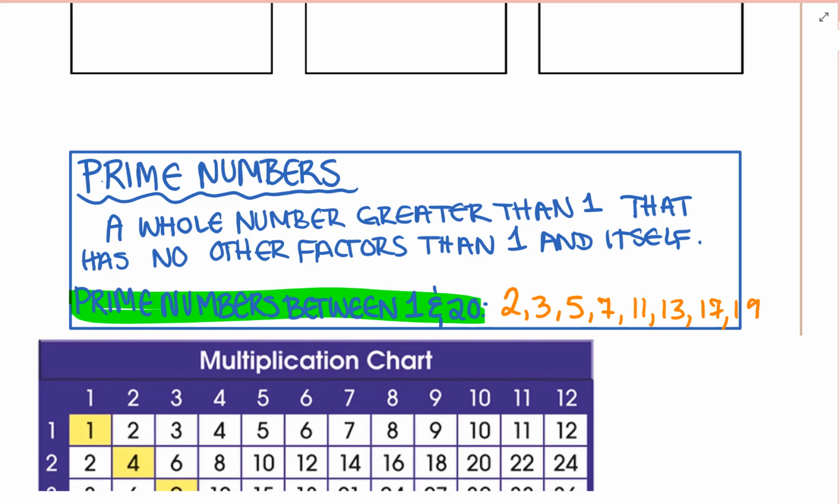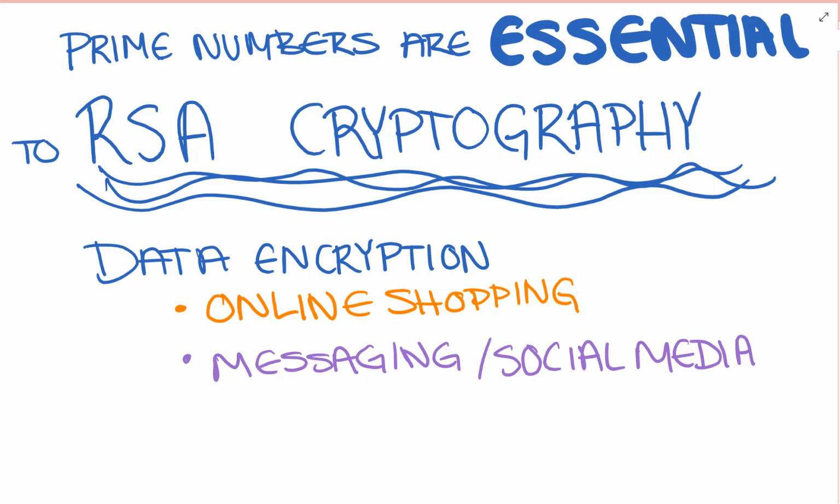Now, why does that matter at all? Prime numbers are essential to RSA cryptography, which is data encryption. What? Data encryption happens when you shop online, when you send messages, whether in a messaging app like WhatsApp or in social media DMs, in order to keep your information just to you and not spread around, so people can't get your messages or get your credit card information from online shopping.